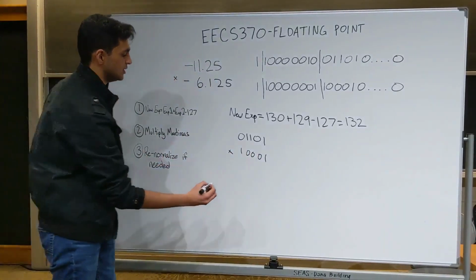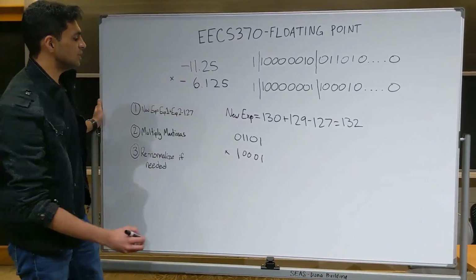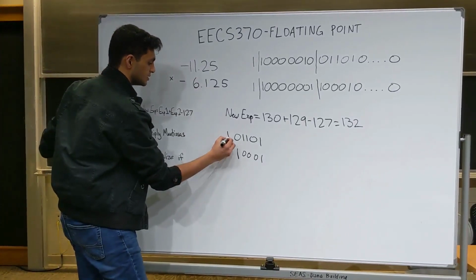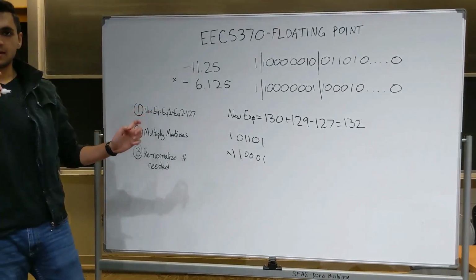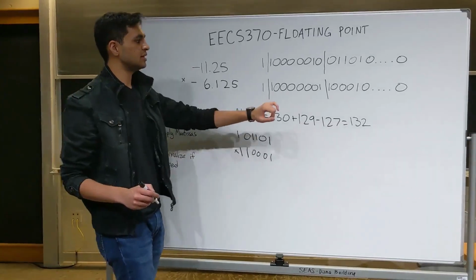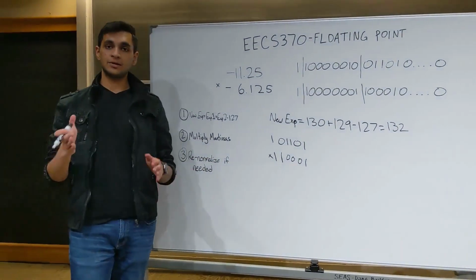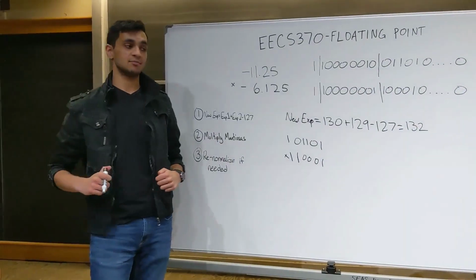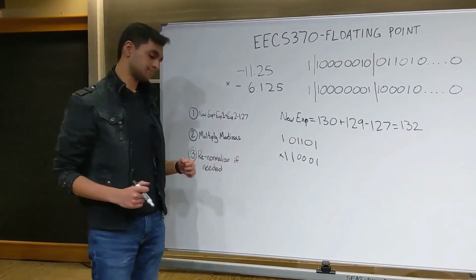Now, an important thing we need to do is add this 1 to the left of each of these mantissas. The reason we do that is because this is that explicit 1 that we had originally struck out of our mantissa section. This was that 1 that appeared on the left-hand side of that decimal point. So when we do our multiplication here, we need to add that 1 back in.